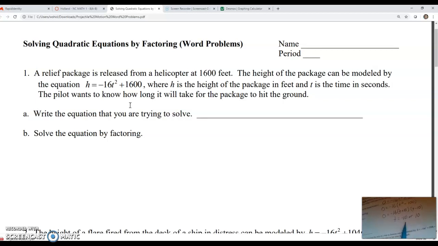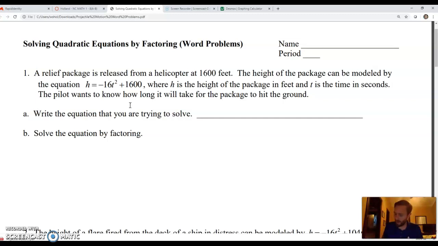If we were to say that the package is at the ground at negative 10 seconds, that means 10 seconds before it was actually dropped. To me that doesn't make sense. So the only value that makes sense here is positive 10. So to answer the question, we would say that the package hits the ground 10 seconds after it's dropped.